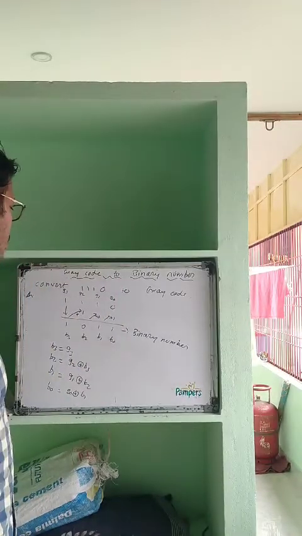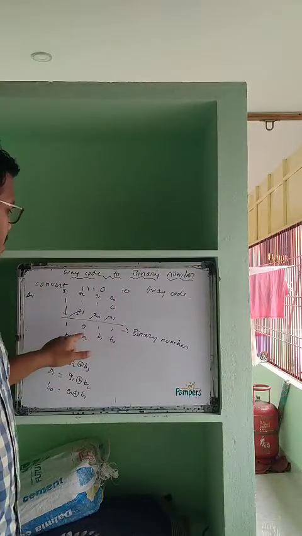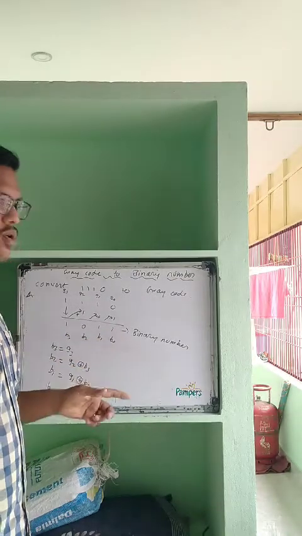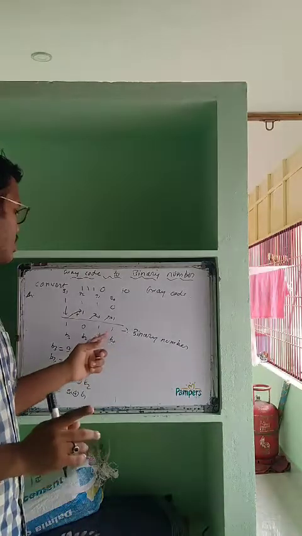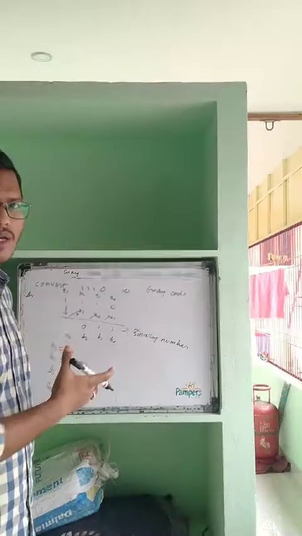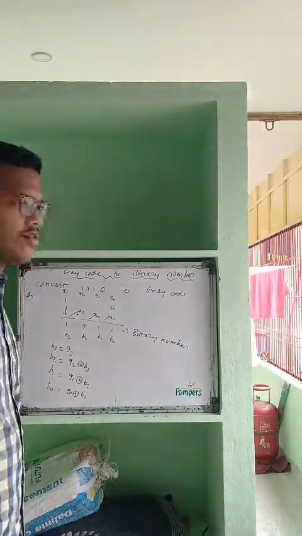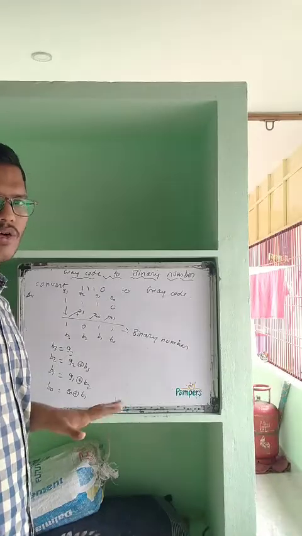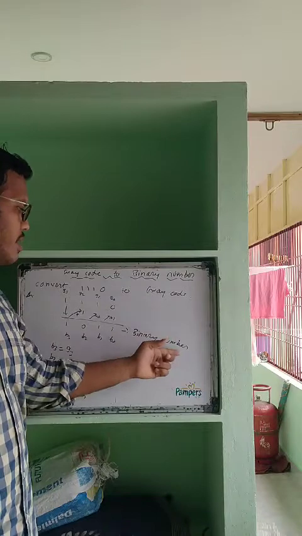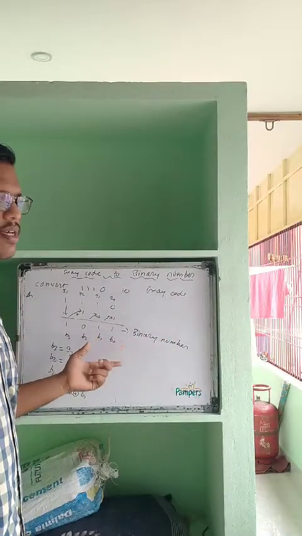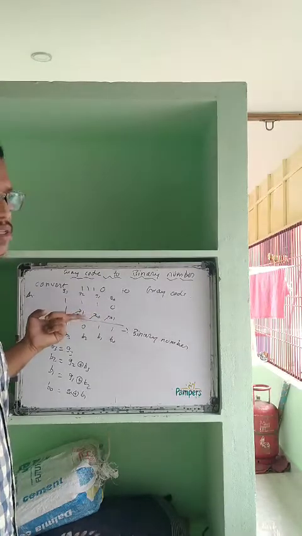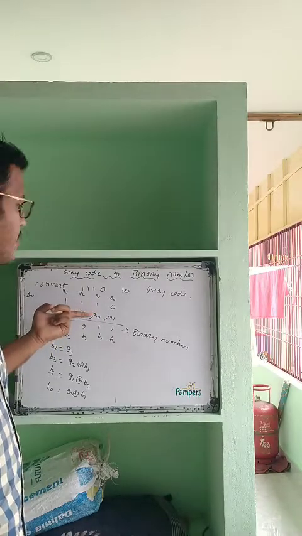So what is the value of the binary number? 8 plus 2 is 10, 10 plus 1 is 11. So check the 11 against the corresponding gray code. I have given the tabular form of gray code.